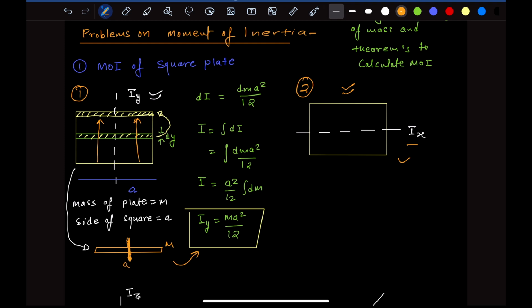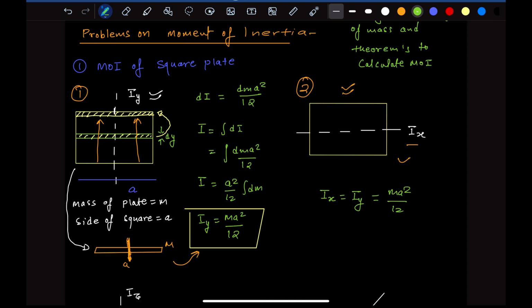So I can directly say that because Ix and Iy, the mass distribution about them is symmetric, Ix is equal to Iy for a square plate where x and y are the axes passing through the plane and the midpoints of these sides, and that will be m a square divided by 12.